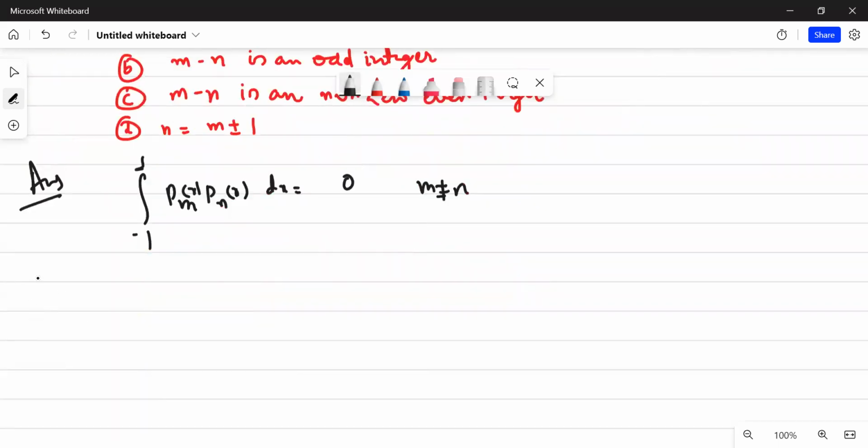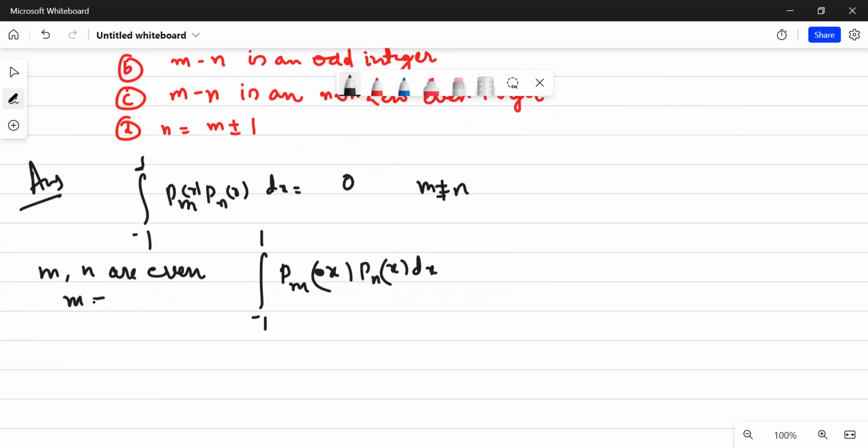The first case that I can take is, let's say both m and n are even. So this is the integral from -1 to +1 of Pm(x) Pn(x) dx, and suppose m is not equal to n.